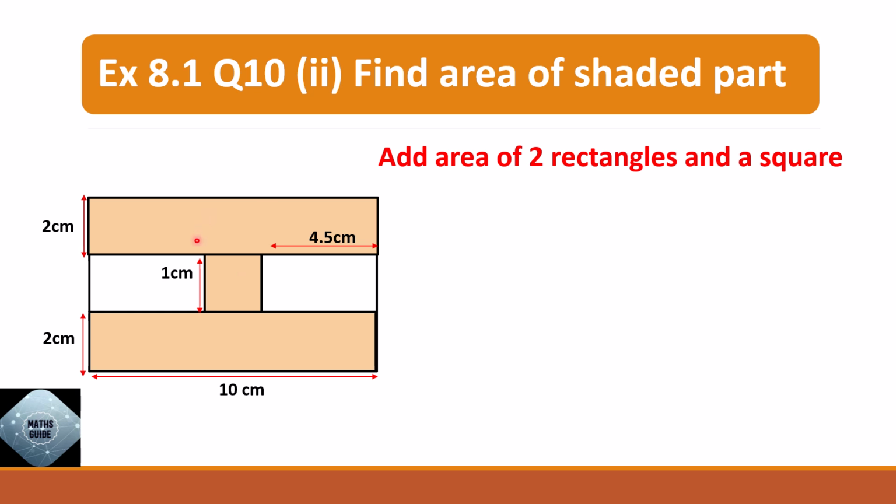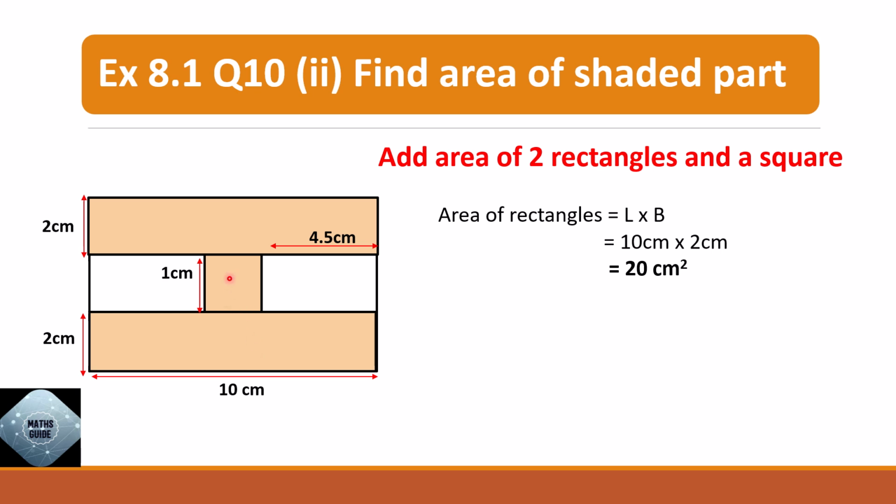The two dimensions of this rectangle are length 10 centimeter and width or breadth 2 centimeter. So let's find out its area. So the area is 20 centimeter square and we have two rectangles of the same size, so the area of these two rectangles will be 20 plus 20, 40 centimeter square.